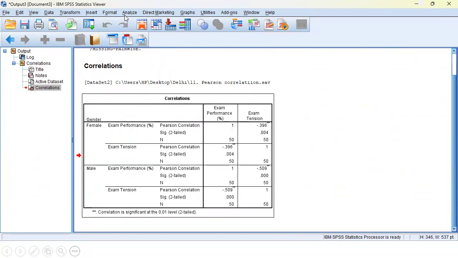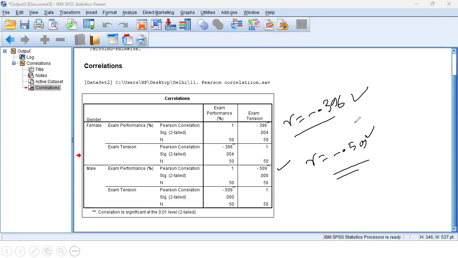So through this, for the female, the R value equals minus 3.96, and for male the R equals minus 0.509. It means men show worse performance in comparison to the female, because the R value is less for female.